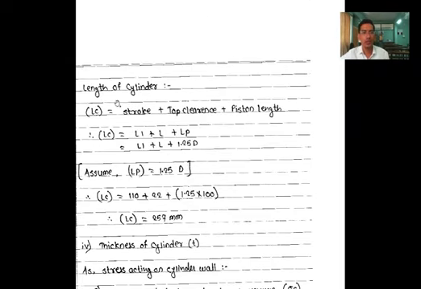The next is the length of the cylinder. The length of the cylinder formula is the stroke length plus top clearance plus piston length LP.